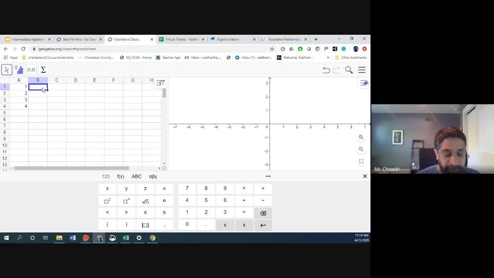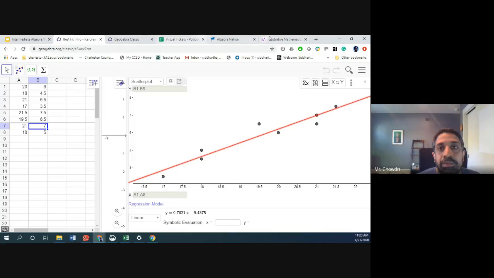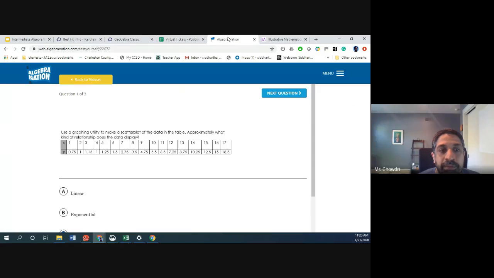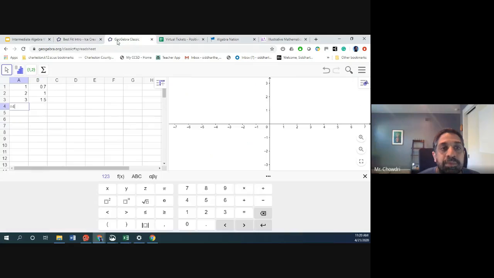You're going to do 0.75, and then 1, and then 1.5. And then what were the others? 0.75, 1, 1.15, and a 1. Now, I'm not going to do all the data just because I'm just showing you how you would basically do this.